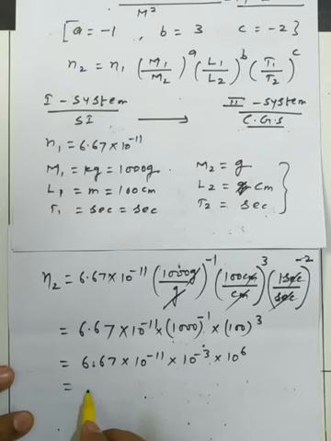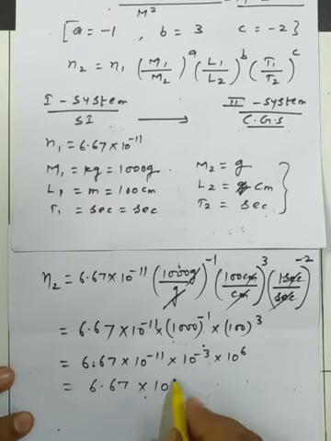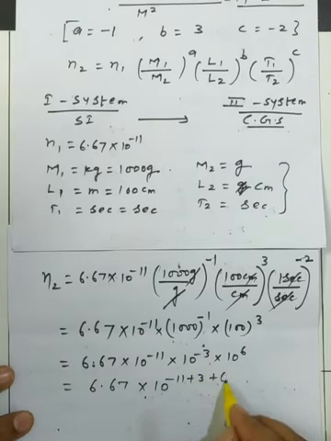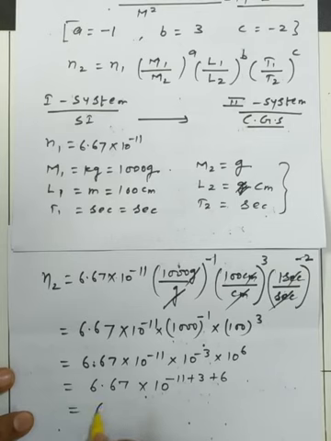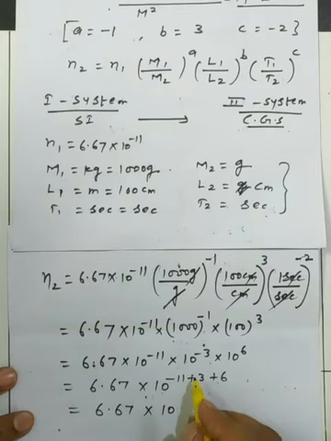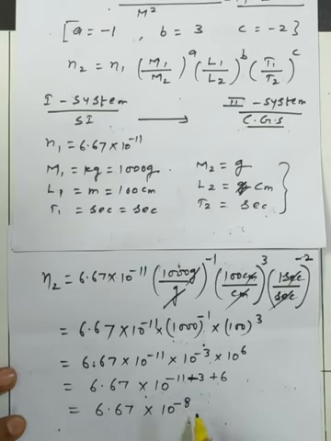Further solving it, 6.67 with the same base, the powers will be added: minus 11, plus 3, and plus 6. So the final answer is minus 14 plus 6, which gives -8.